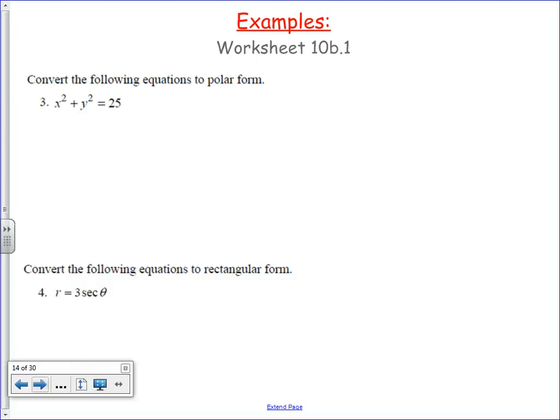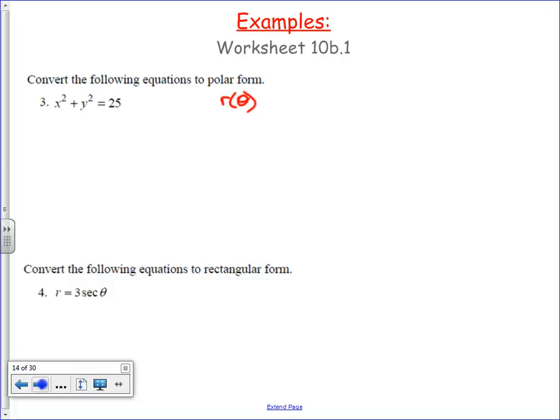Number 3. Convert. How? Plug what in? I need r of theta. R is equal to 5? Okay, that's one way.